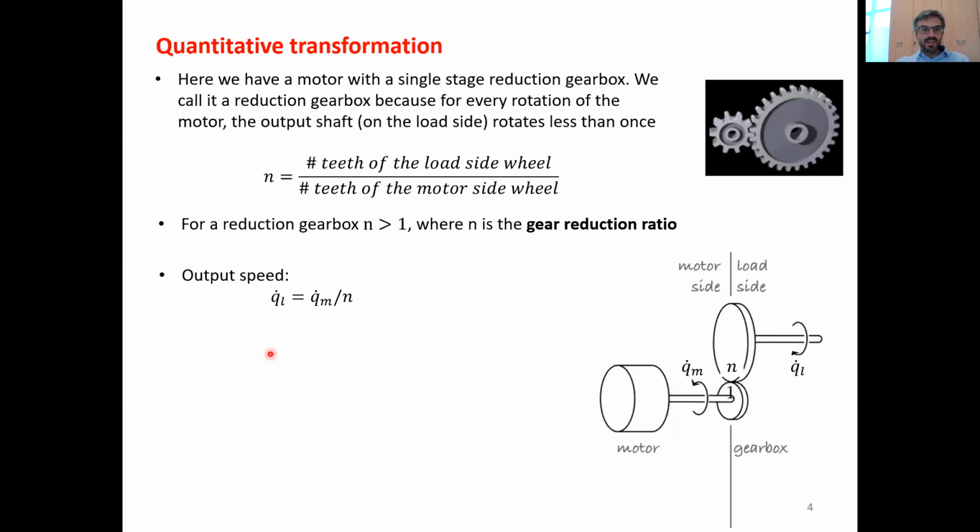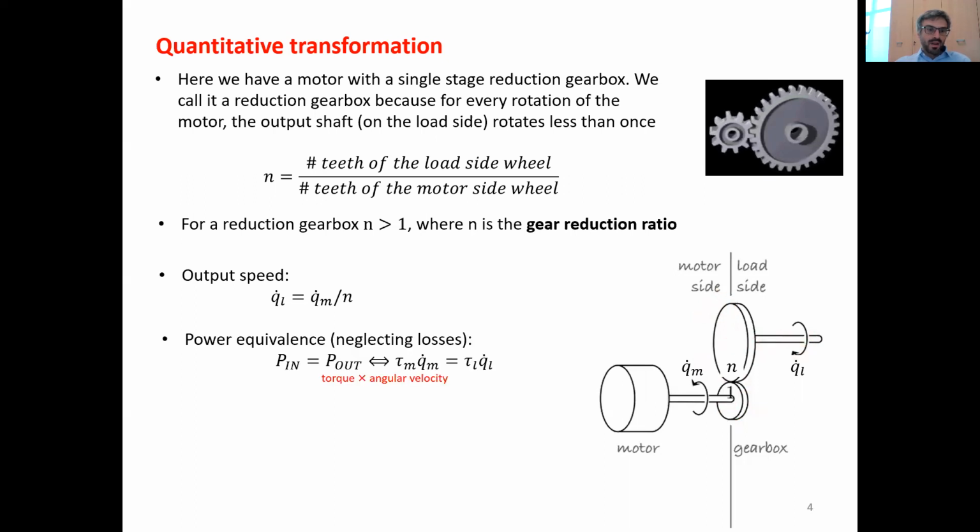So in general, the load speed is equal to the motor speed divided by the gear reduction ratio N. So here you see the motor speed, the motor inertia, sorry, this is represented by the gearbox, and you have the load speed.